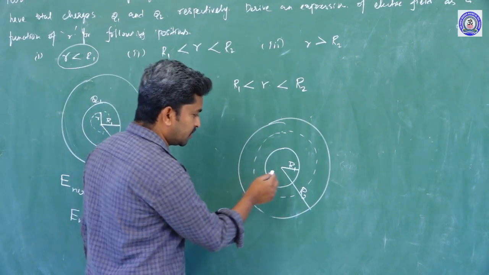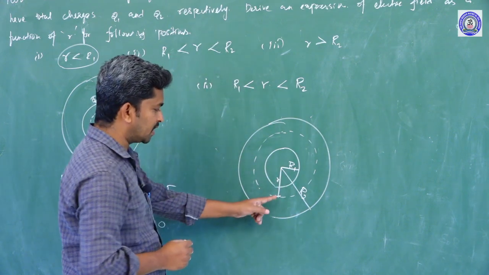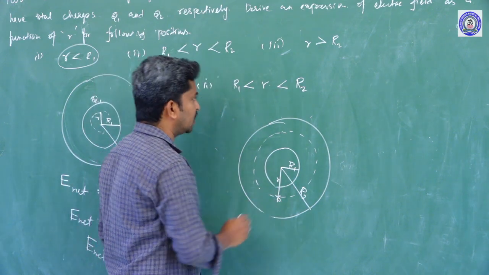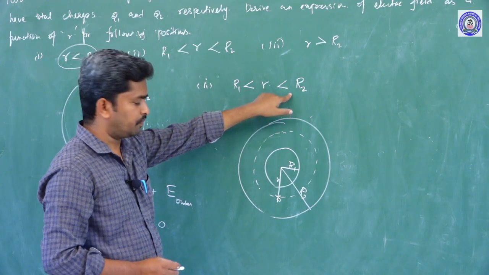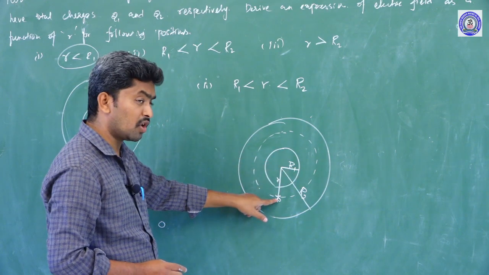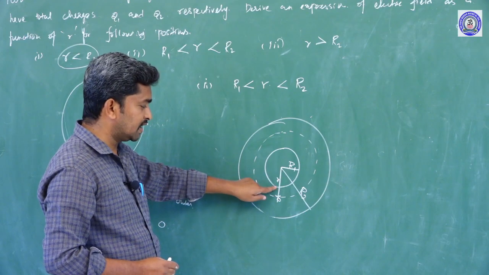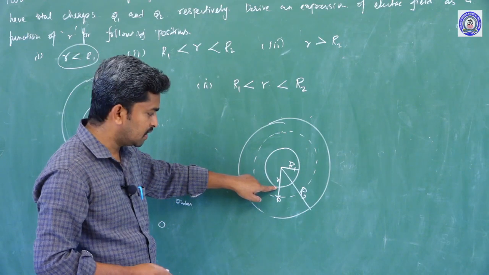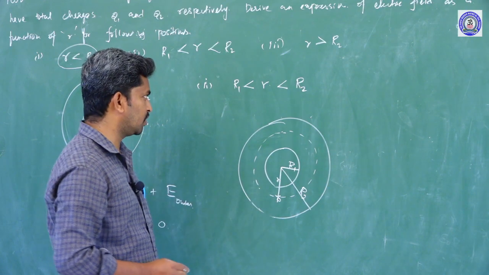This is point r, point P. The conditions are greater than r1 but less than r2. The r value is placed at the Gaussian surface. The point lies outside of the inner sphere but inside of the outer sphere. It is a very important one.